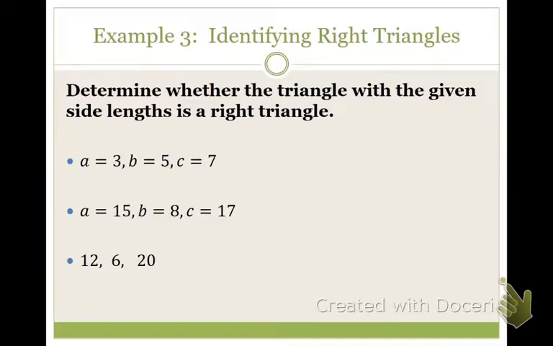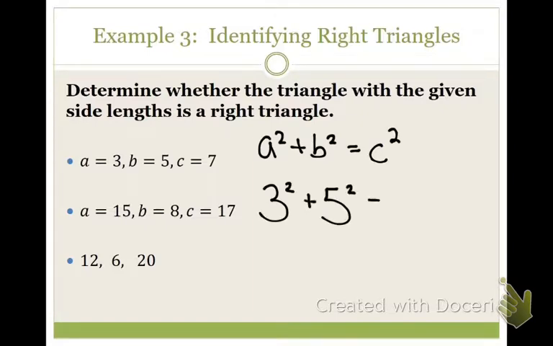Well, again, going by the converse of my theorem, if a squared plus b squared equals c squared, then it is a right triangle, so I can test it. A squared plus b squared equals c squared. Plug in my values. 3 squared plus 5 squared equals 7 squared. I want you to simplify that. Simplify the left, simplify the right. Do they equal? Don't say it out loud. Write it on your paper.